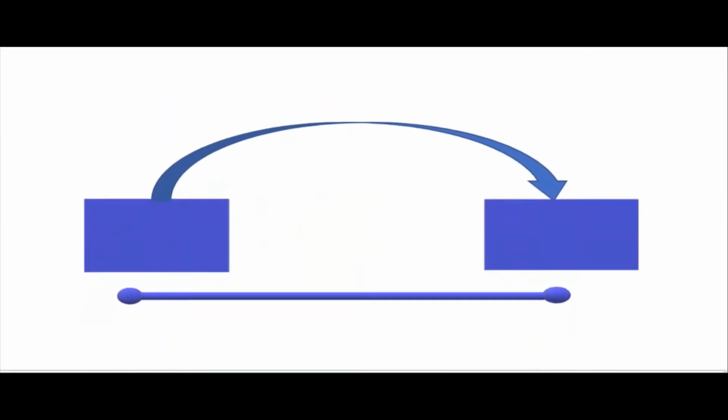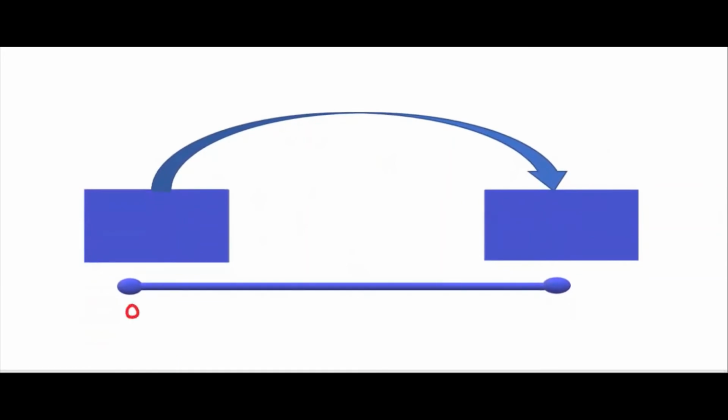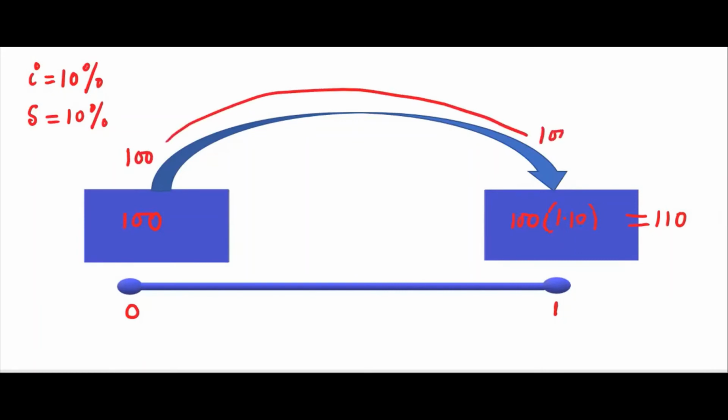Now suppose i is 10% given and you want to deposit money for 1 year. You get 100 into 1.10, you get 110. If delta is 10%, though for i delta will be 9.53%, that's a separate thing. If delta is 10%, then your money will grow to, in 1 year, 100 into e power delta 0.10.